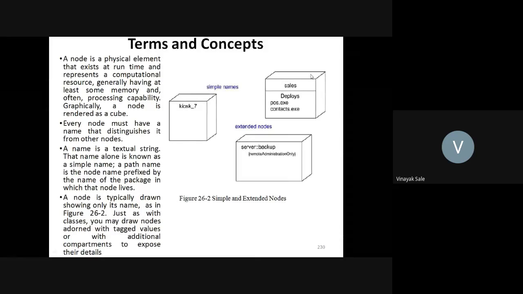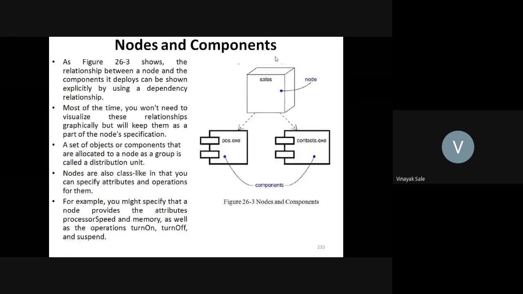Sales has attribute parts post.exe and contacts.exe. These are the components of these nodes, and they act as attributes of those nodes.